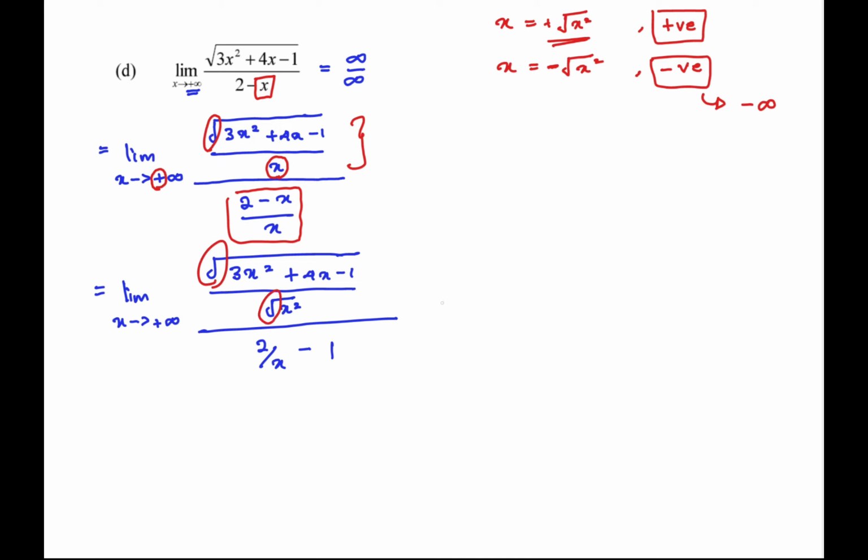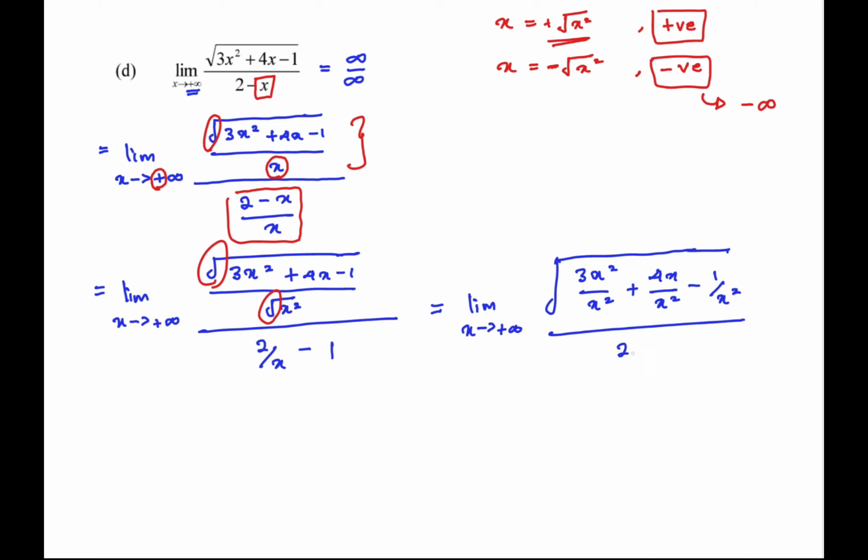You can get limit x approaches positive infinity, square root of 3x squared divided by x squared plus 4x divided by x squared minus 1 divided by x squared, all divided by 2 over x minus 1.